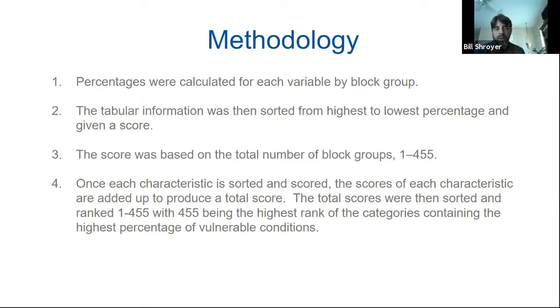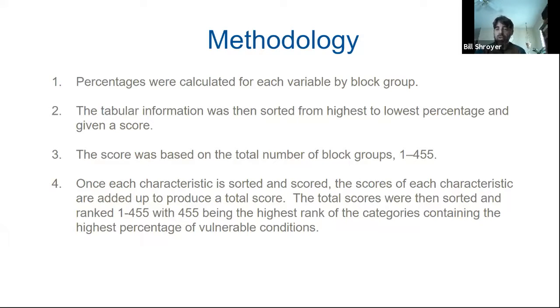The way we went about creating an index was to calculate the percentages for each of our characteristics by block group, and then sort them from highest to lowest. The highest percentage in those categories had the most people in those conditions.